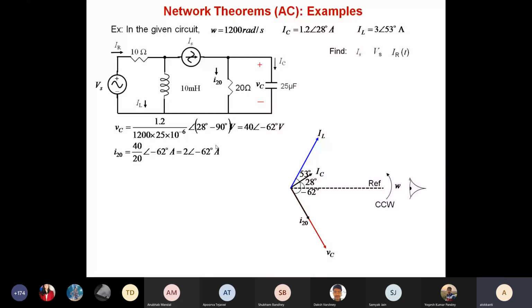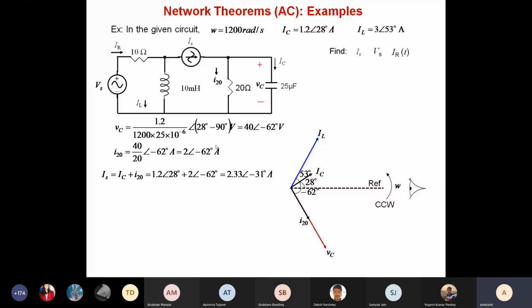Once you get I20 and you also have IC given to you, what can you find out? IS. Okay, so IS is equal to IC plus I20, and you will have to basically solve this. We do this addition, which is basically phasor addition.